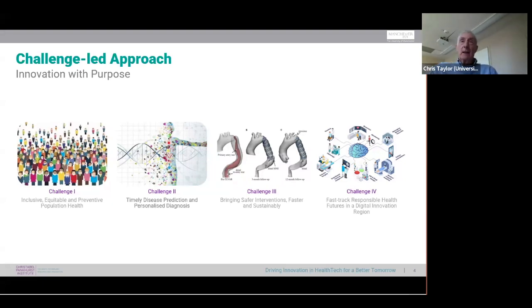So it's simulating what the effect will be in patients. And then the final one is really a higher level one. It's about engaging with our local health system, with the Greater Manchester health and care system, and using technology to make a real difference in our local community.